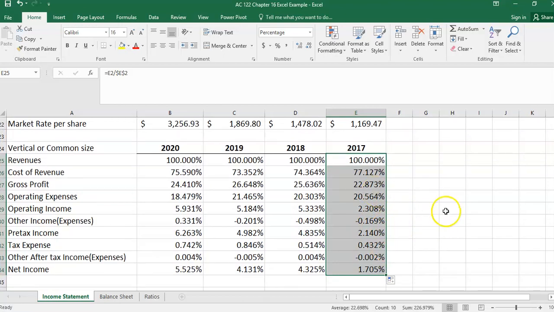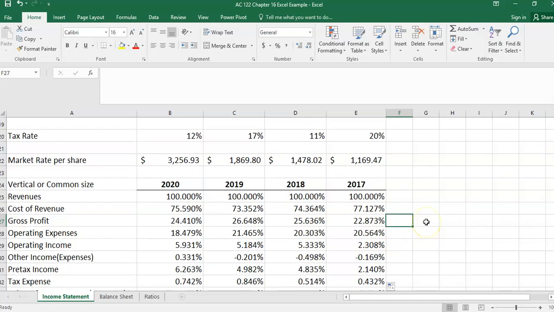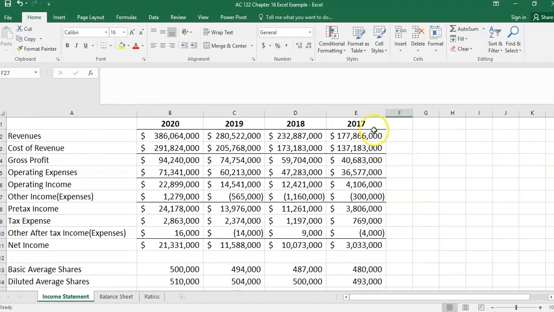Now we have everything represented as a percentage of sales. This allows us to look at information as it relates to sales. It's easier for us to interpret percentages than dollar amounts when we're looking at year-to-year information. You can see up here that we have a pretty significant change in revenues and expenses from 2017 to 2020.